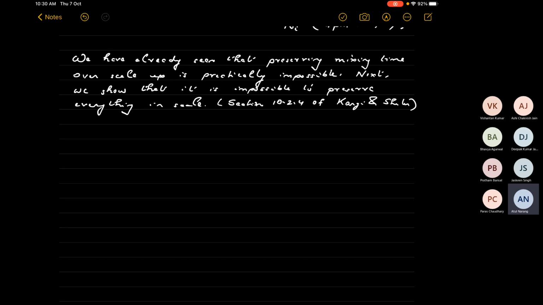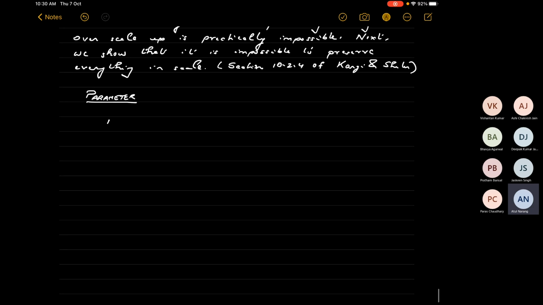So here is a table, not just these parameters, but others too. Let's put a table here. Here is the parameter, and we have many of them that we can consider. We can consider mixing time.